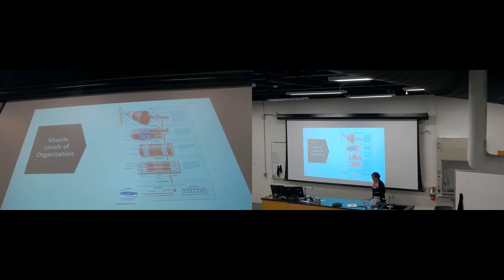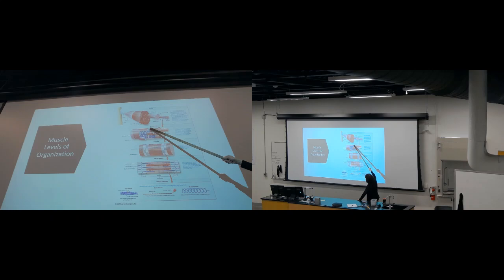So the endomysium is not the same as the sarcolemma. The endomysium is connective tissue, like elastic fibers and collagen fibers. It's like a wrap. And the sarcolemma is the plasma membrane. The plasma membrane is made of phospholipids, and it has channels so that the ions can come in and out.